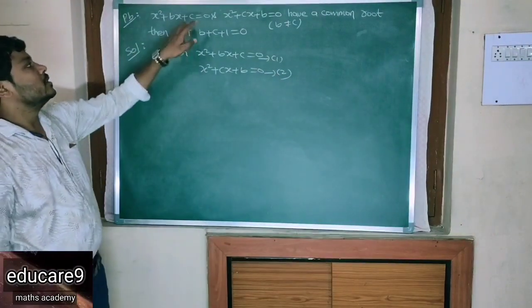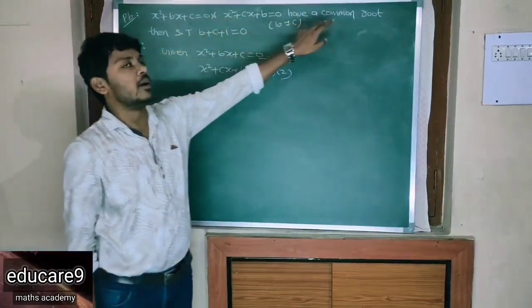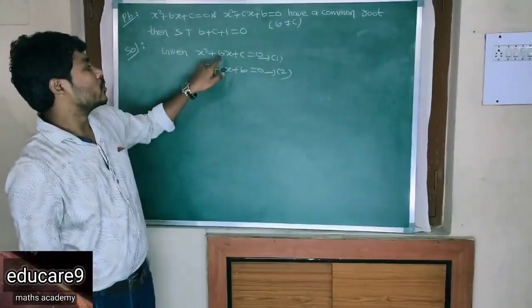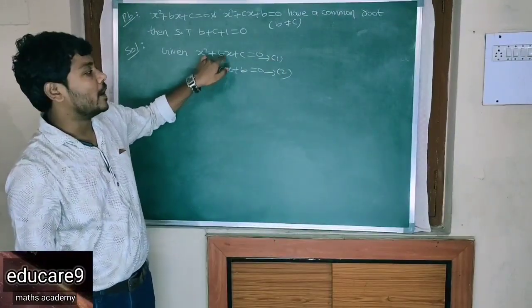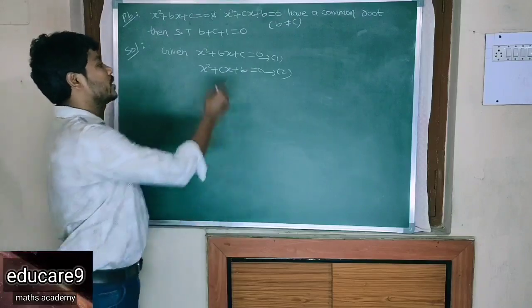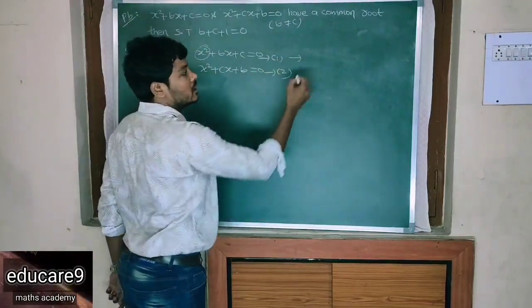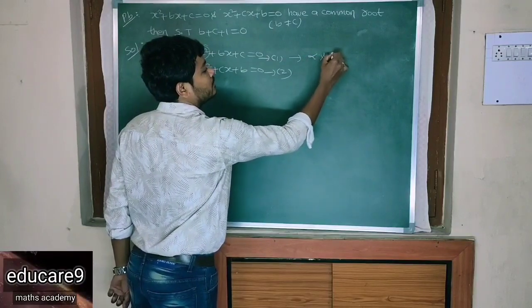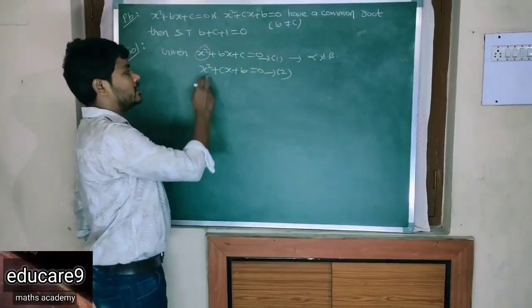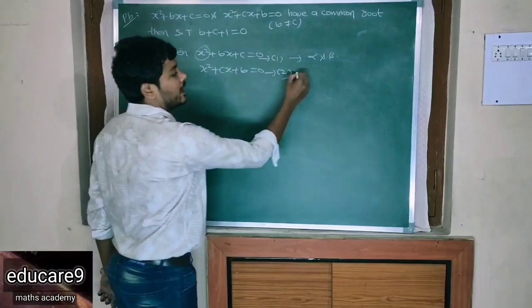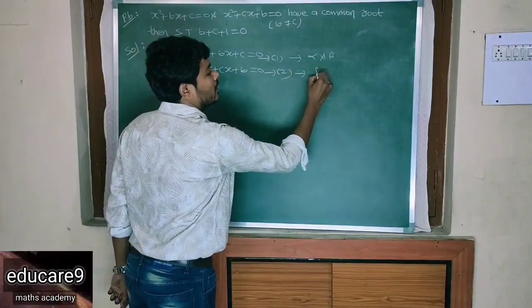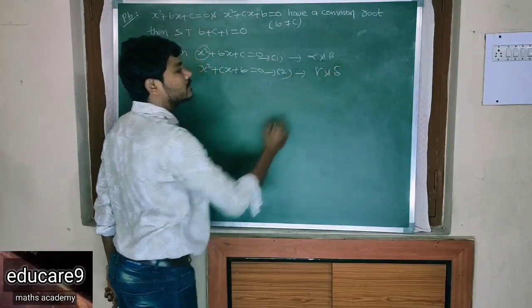See here, both have a common root, meaning roots of 1 and 2. So here this is a quadratic equation. It has two roots, say alpha and beta, and this is also a quadratic equation. It has the roots gamma and delta.